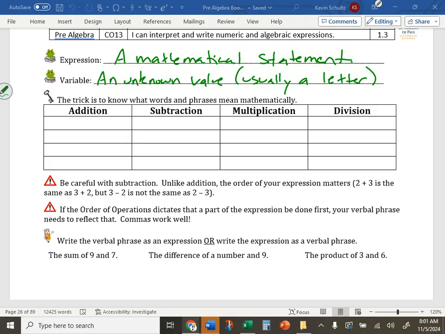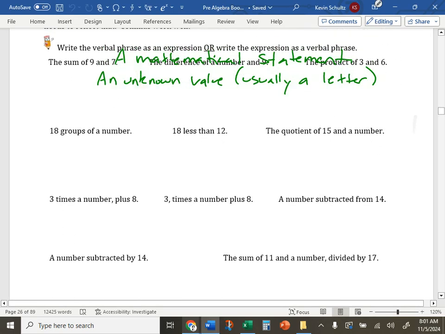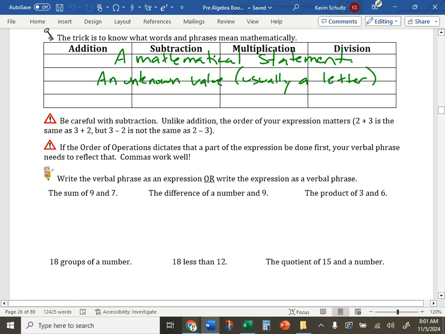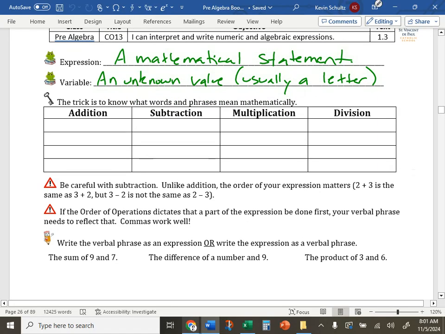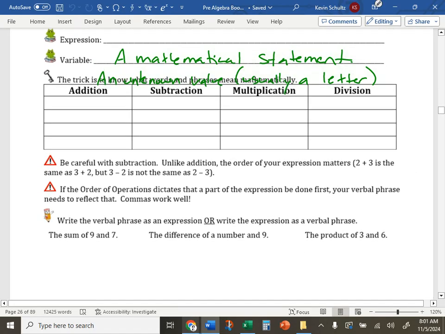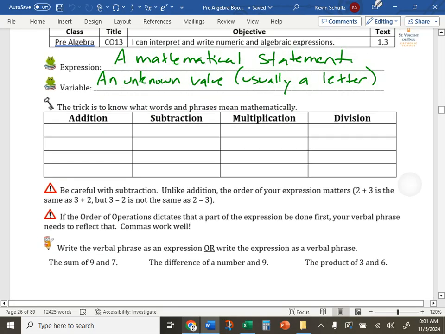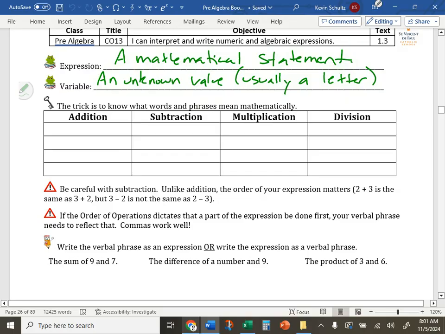Give me some synonyms. Give me some words or phrases that you know that represent addition, subtraction, multiplication, and division. Perfect. Okay?